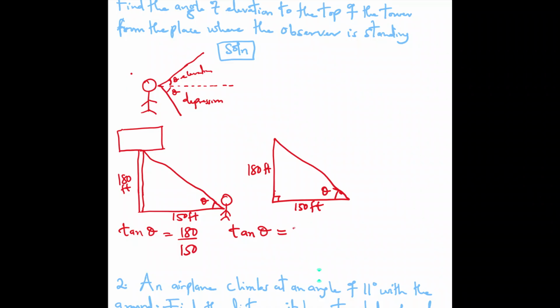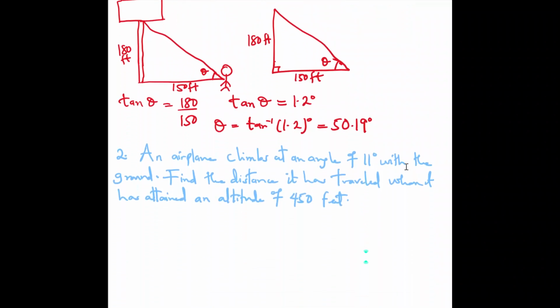So tan theta equals 1.2, and we can find the arctan of 1.2. So theta is equal to arctan of 1.2, that will give us 50.19 degrees. We can say therefore that the angle of elevation to the top of the tower is approximately 50 degrees.